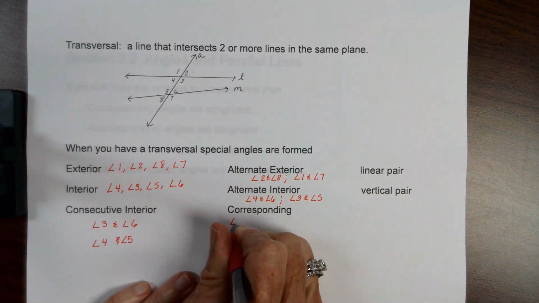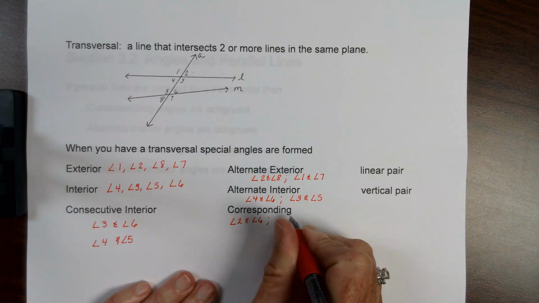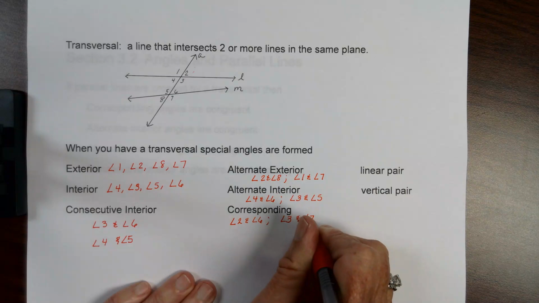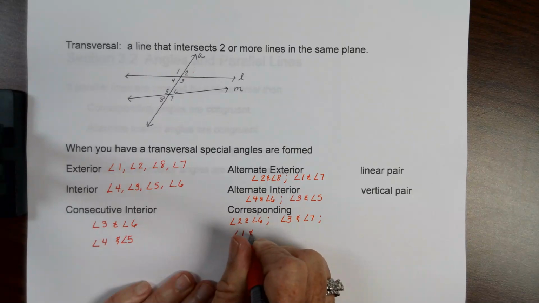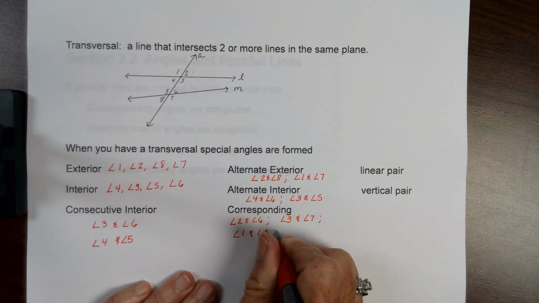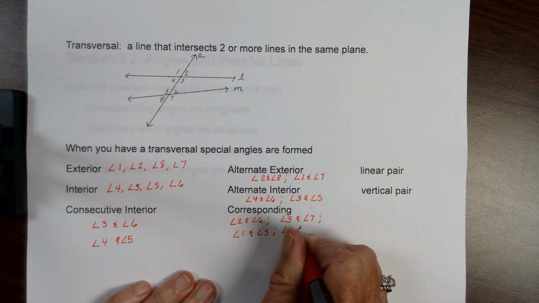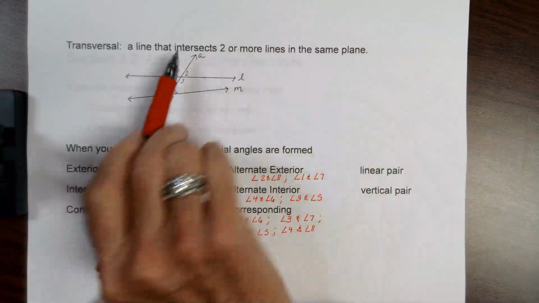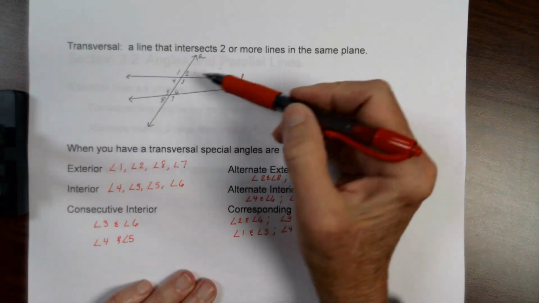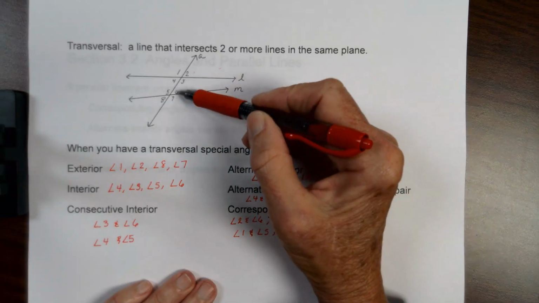So examples might be 2 and 6, 3 and 7, 1 and 5, and angle 4 and angle 8. If you look at 2 and 6, they're both on the right side of the transversal, and they're both above the two lines that it crosses.